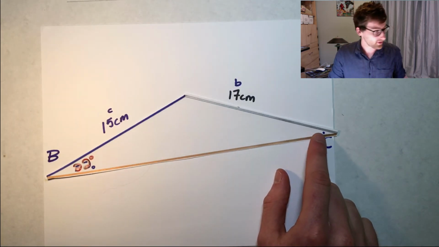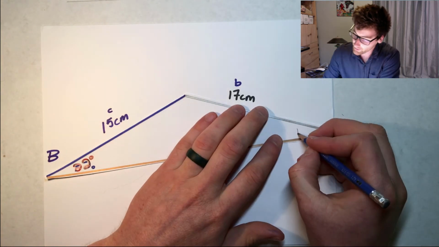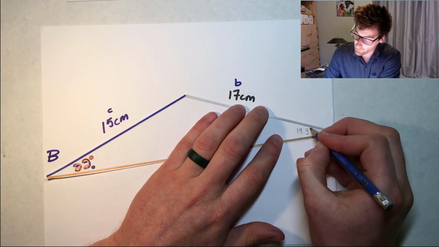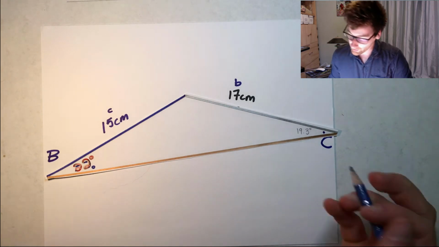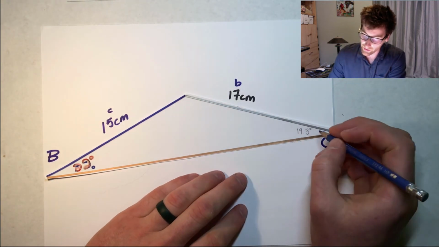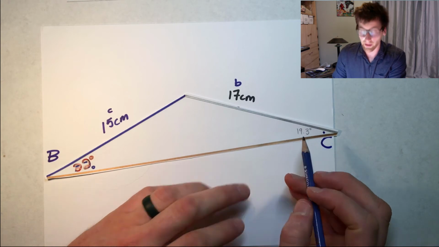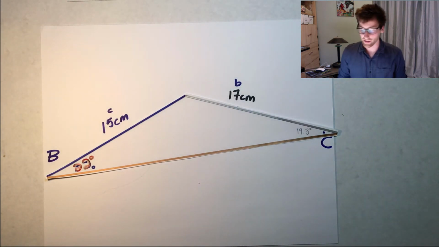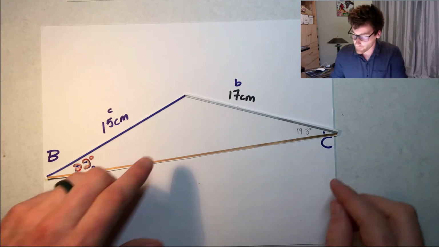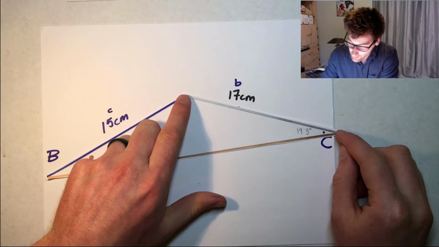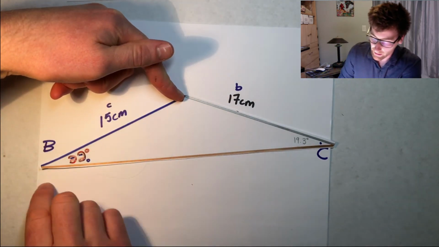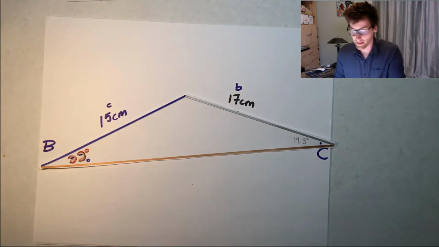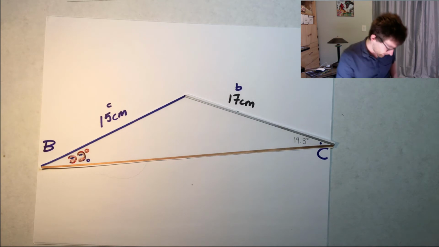So this in here is going to be 19.3 degrees. With ambiguous sine law, you have to ask yourself, is there a second triangle that it could possibly be? But when you look at this, how it works is you swivel this gray line and it's not able to make it.